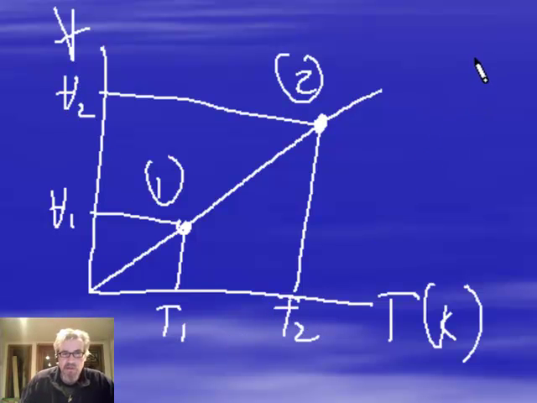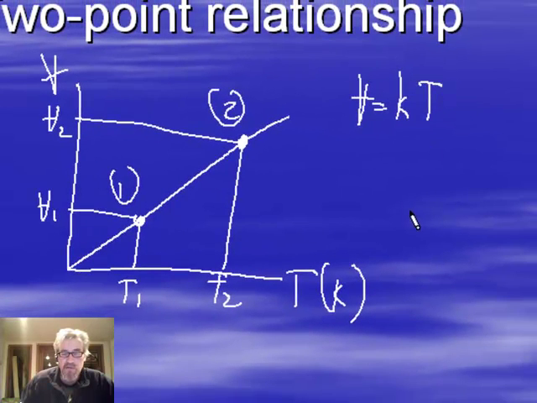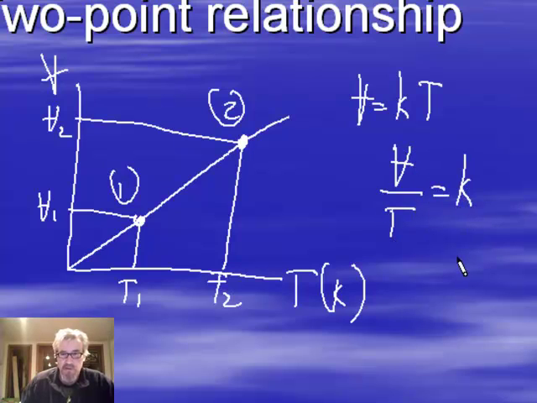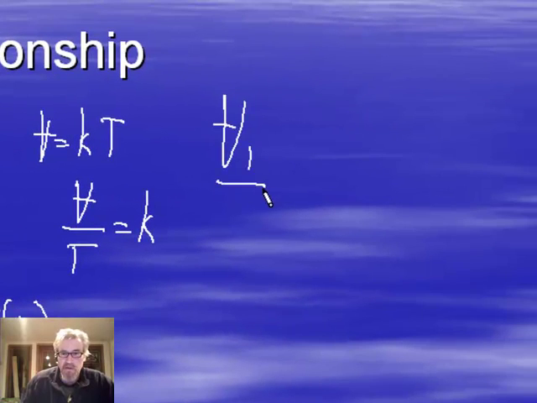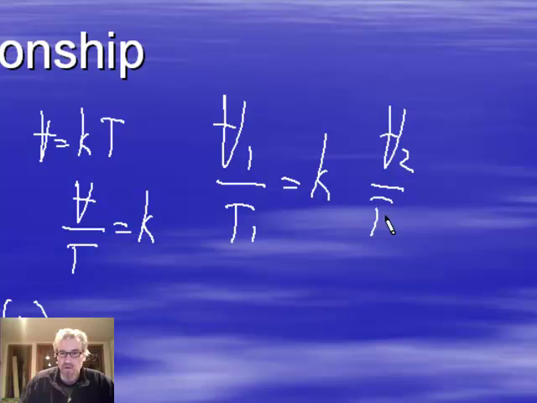Well, the relationship, remember, is volume is a constant number times temperature. So to find out what the constant is, it's just volume divided by temperature is constant. So that means at point number 1, V1 over T1 is the constant. At point number 2, V2 over T2 is the constant number.